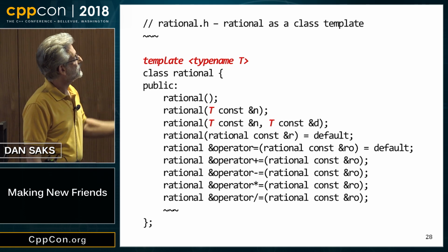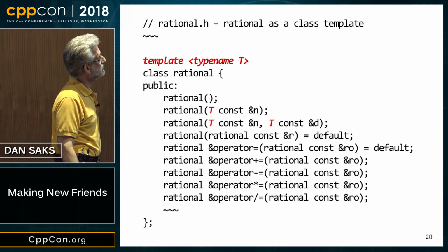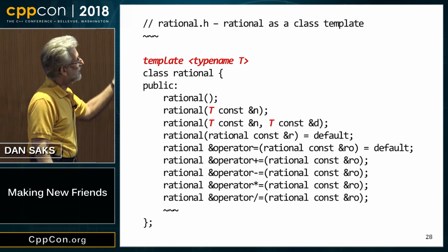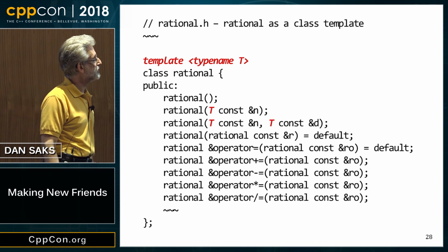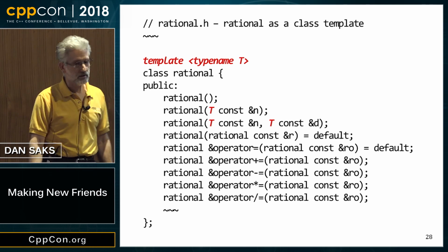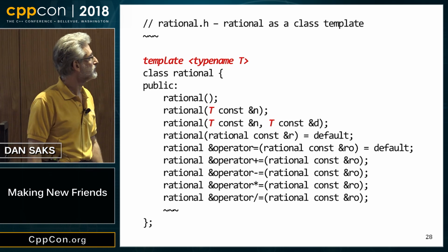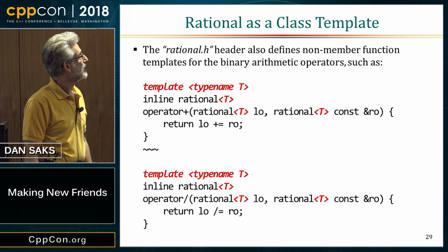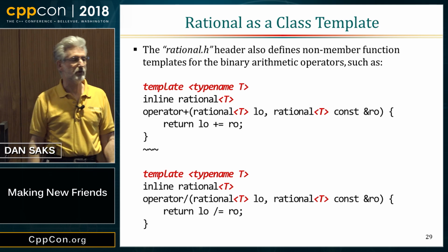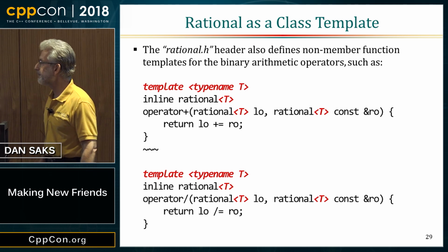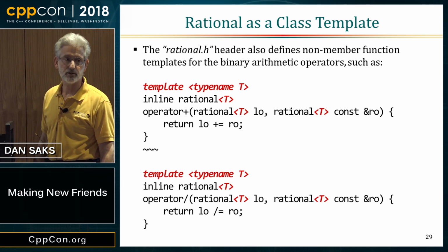And so here is a sketch of the rational class as a template, and once again it's got an assortment of constructors. It has the defaulted copy operations, and then it has the assortment of plus equals, minus equals, the assignment, the op equals functions. And then, in order to implement the non-member binary operations, we're going to need a whole set of additional function templates.